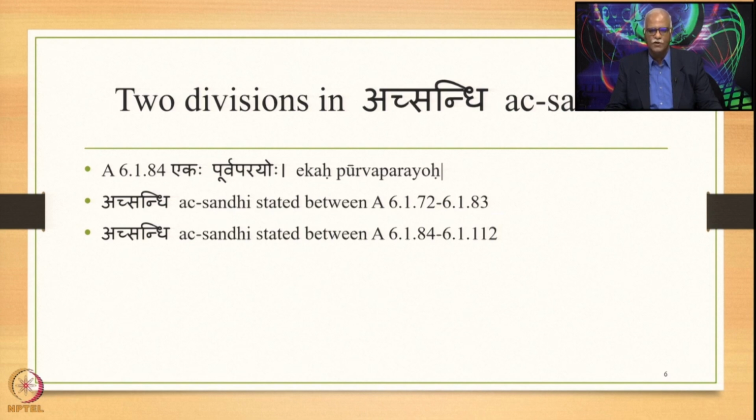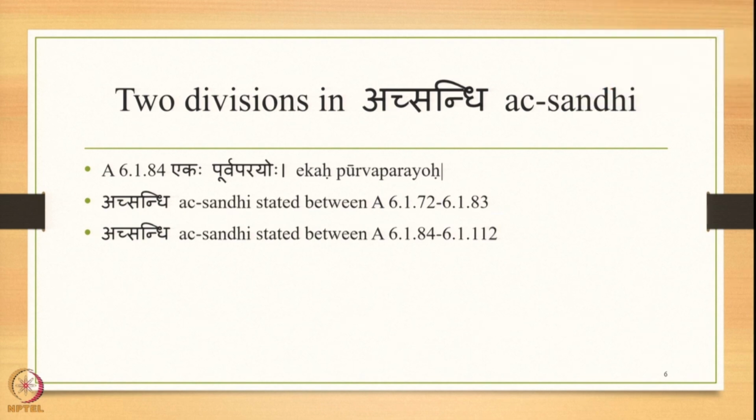So from 6.1.72 up to 6.1.83, this can be said to be one subsection, one type of sandhi, and from 6.1.84 up to 6.1.113, this is another type of ach sandhi. Ekapurva parayoho can be said to be that adhikara sutra which divides the two sections in the ach sandhi. This is an extremely important adhikara sutra, ekapurva parayoho.